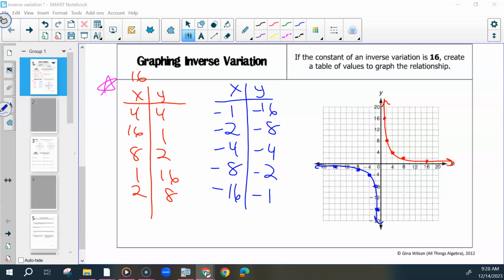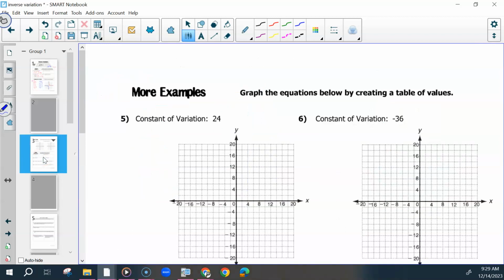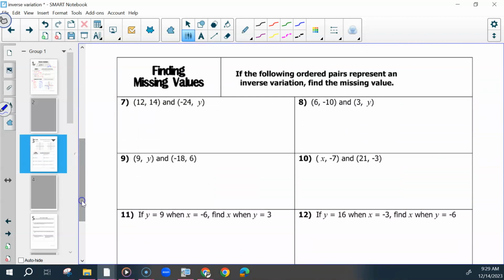You're not doing the graphing, but look at the bottom, left to right. This part is very similar to what we were just doing in direct, except we're using the inverse variation, which I will rewrite up here.